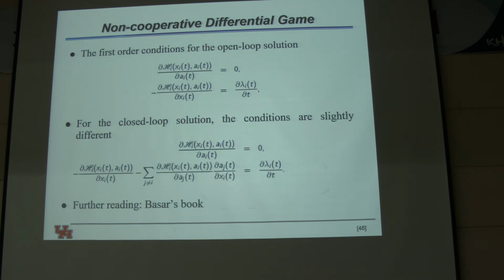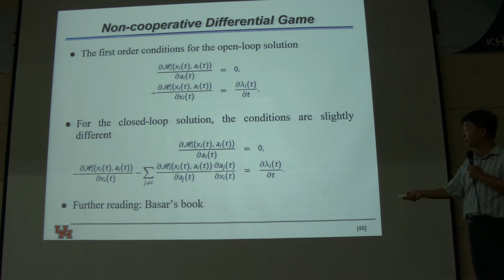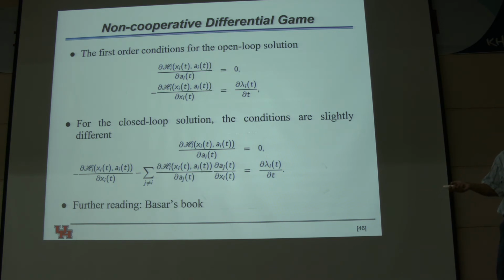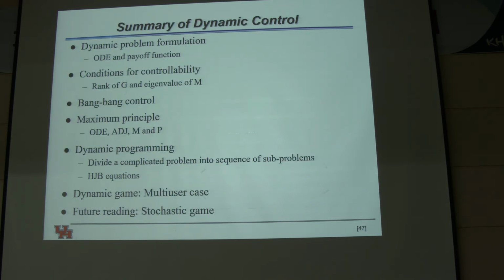And finally, you can get the closed form for open loop and closed loop. You can see the result will be different. But for detail, please read Tamer Basar's book. Here I just give you a high level concept. Basically, this is a non-cooperative game.